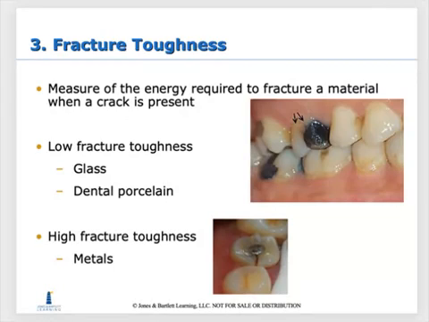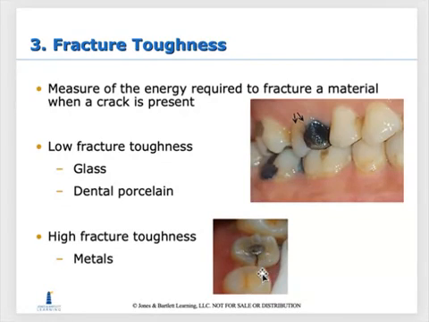Fracture toughness is measuring the energy it takes to break a material when there's a crack present. These two images were really helpful. Sometimes around restorations, you can start to see fracture or craze lines happening here.